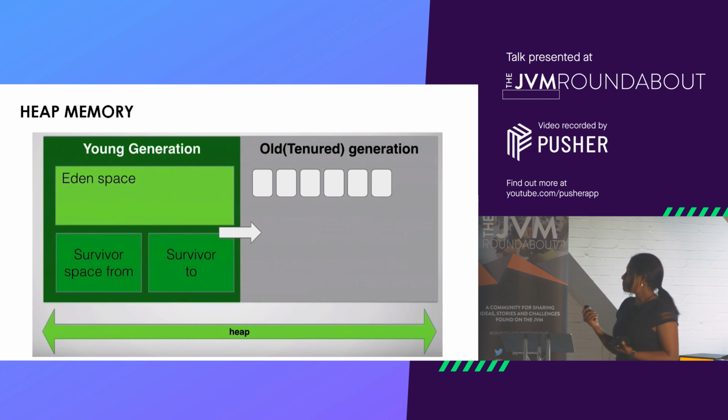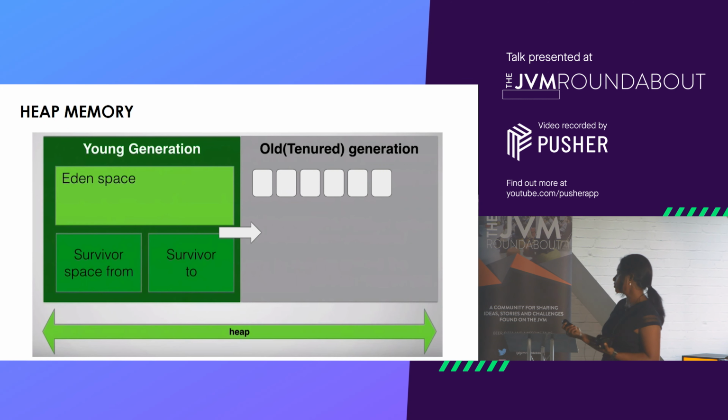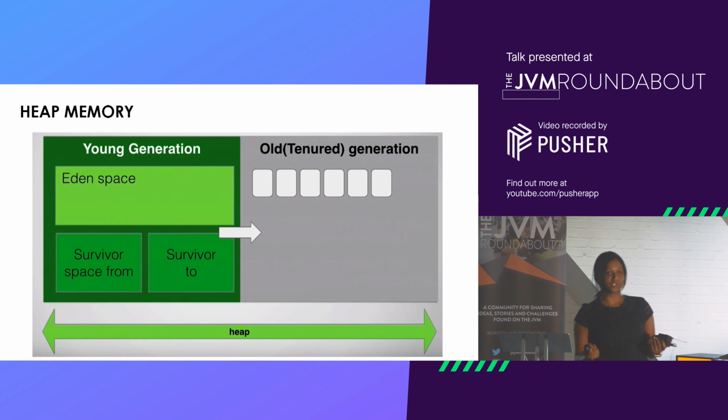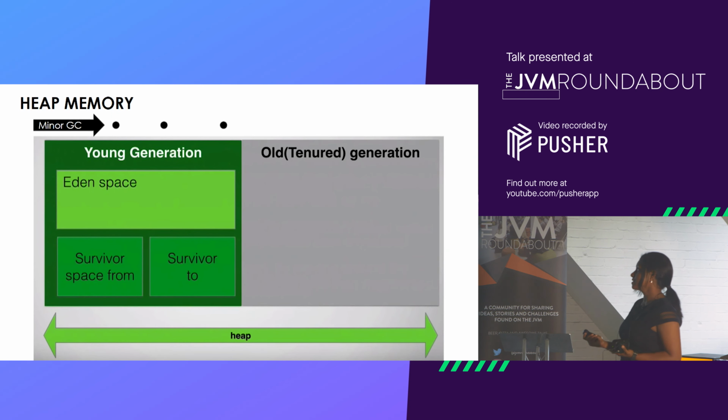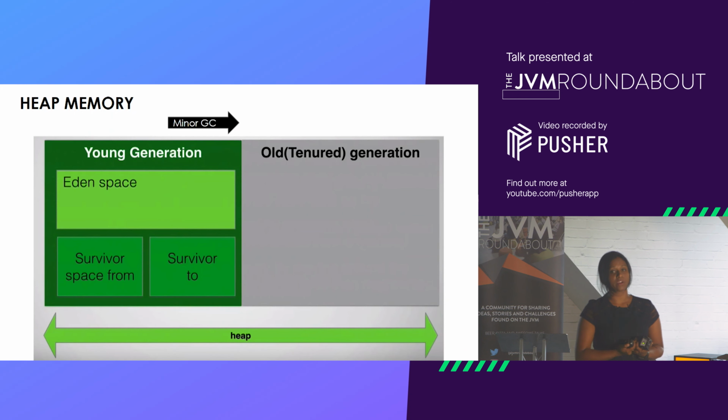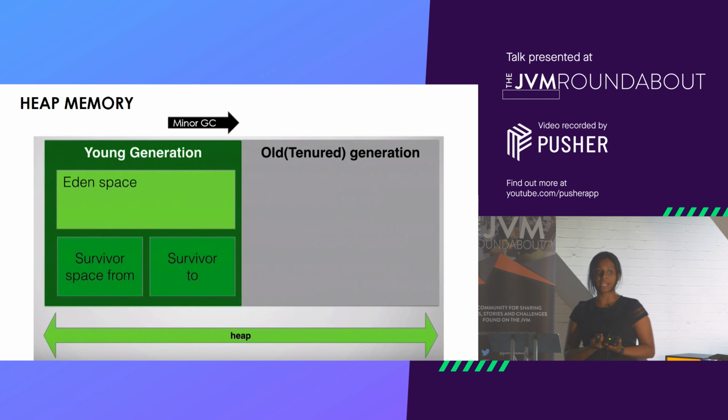Now, the big difference between young generation and old generation, as the name suggests, is that young generation is for young, short-lived objects. And what that means is minor GC will happen within the young generation. It happens only across the young generation. Therefore, it will happen more frequently and it will have less pause times.